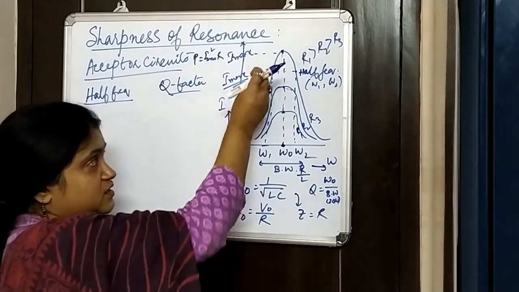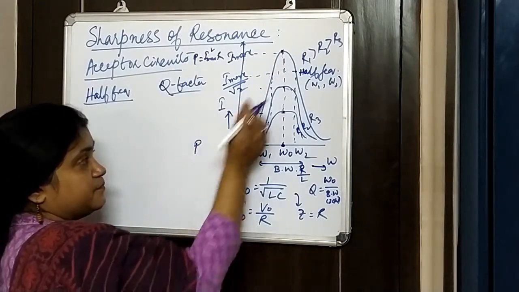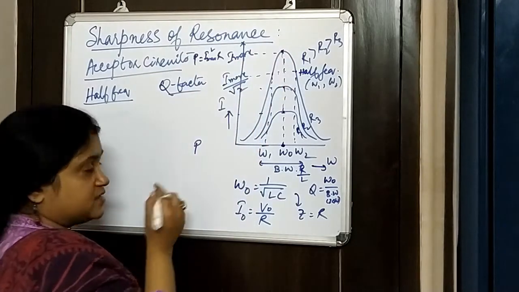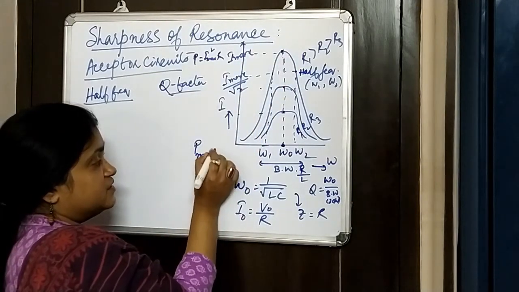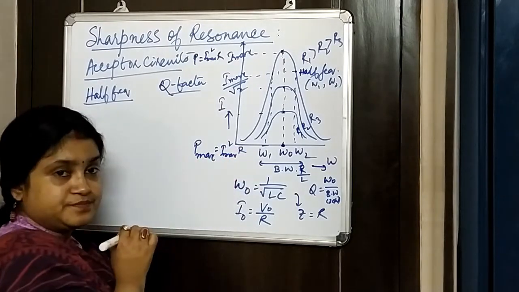So how do I define these two half frequencies? Suppose for the maximum current I max, the power is I max square into R, right?